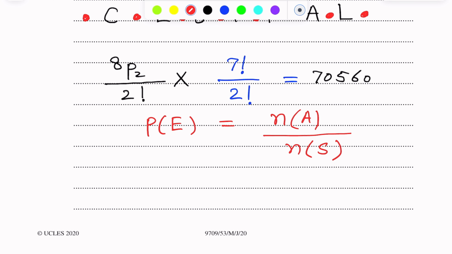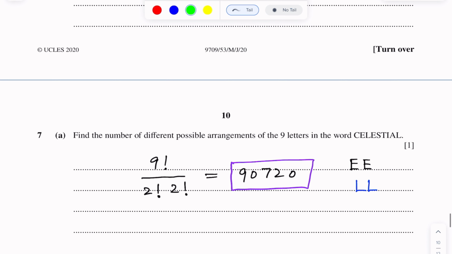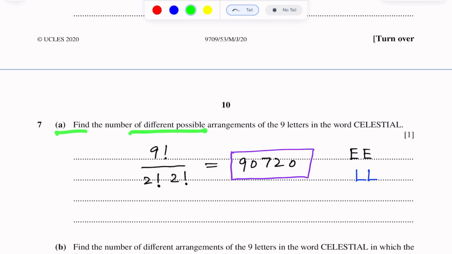Here the number of successful outcomes is 70560. So we write here 70560 over the total outcomes we have found in part A.